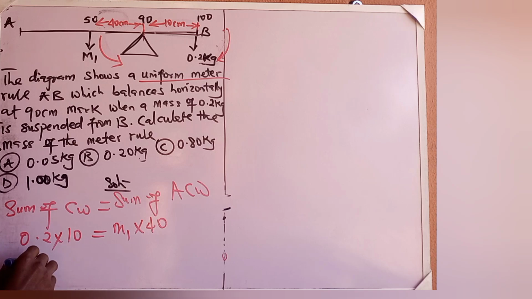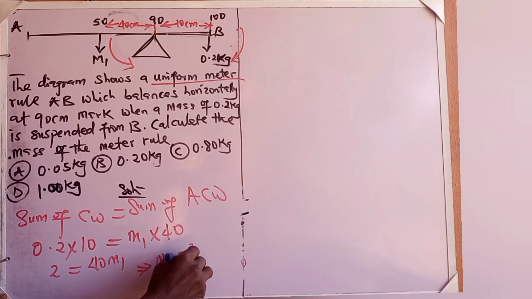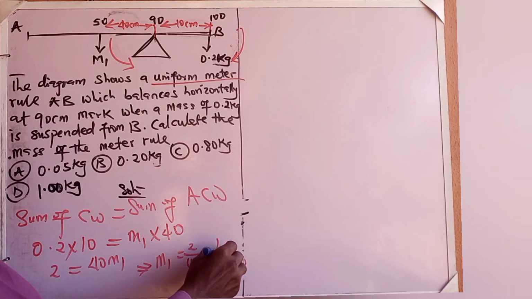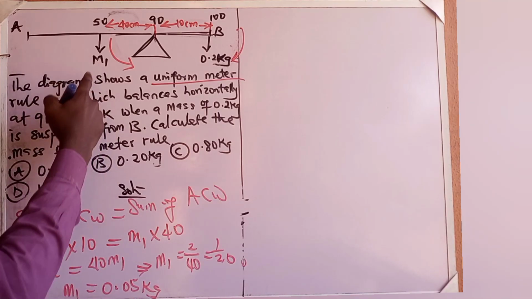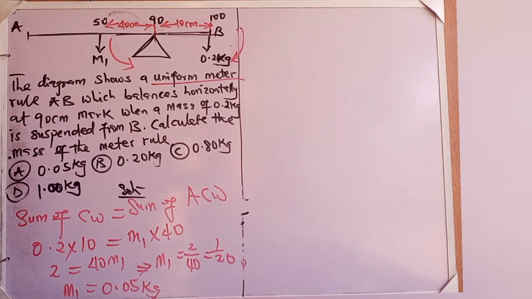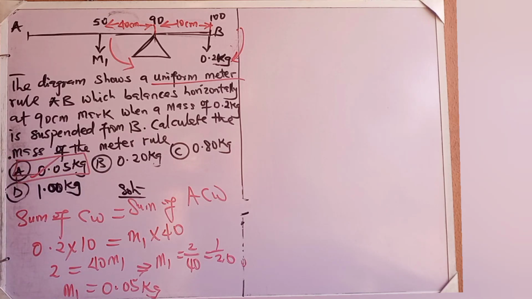So 0.2 times 10 gives us 2, and this is equal to 40 M1. We're going to have 2 over 40, which is 1 over 20. So M1 will give us 0.05 kg. So the mass of this meter rule is 0.05 kg, and that is option A. So option A is correct.